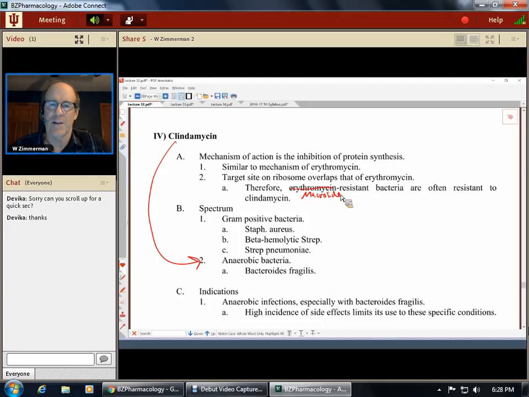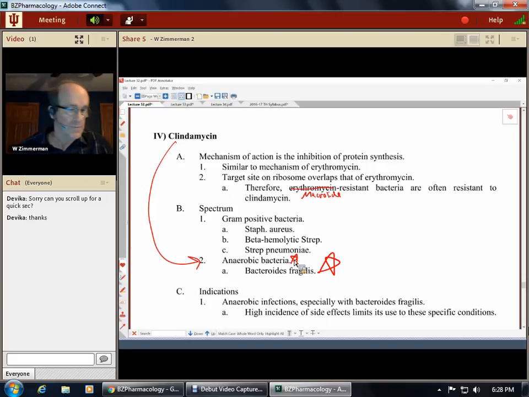It gets gram-positives, okay, staph and strep. But this is really all about anaerobic bacteria. So if you're using clindamycin, it's usually to get an anaerobe.